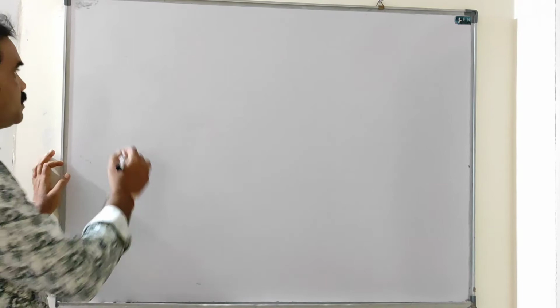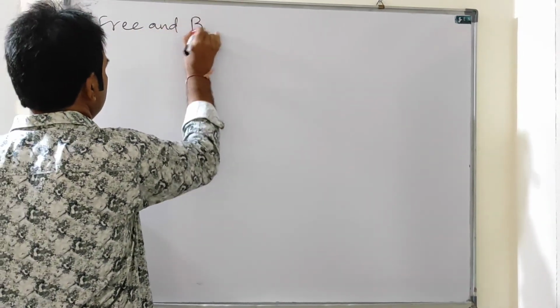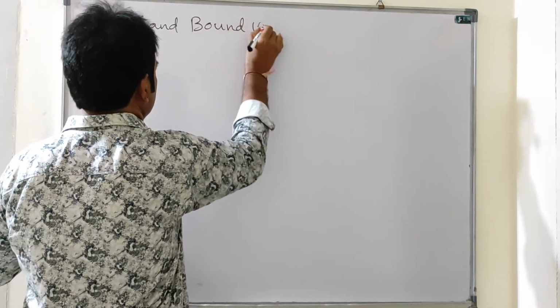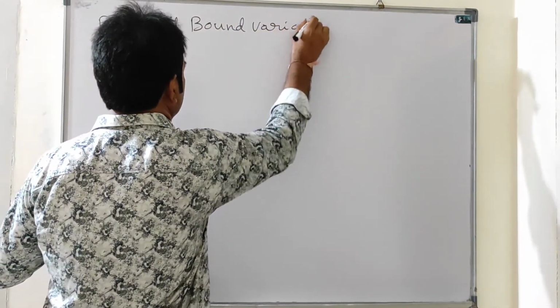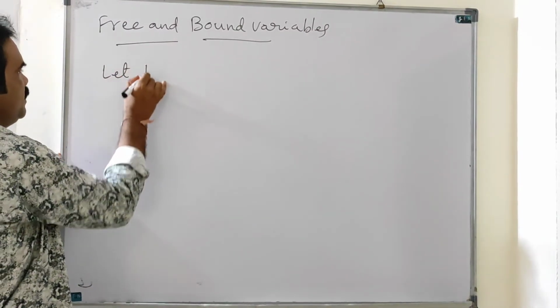Okay. Next definition, free and bound variables. See the definition. Let D be a set.